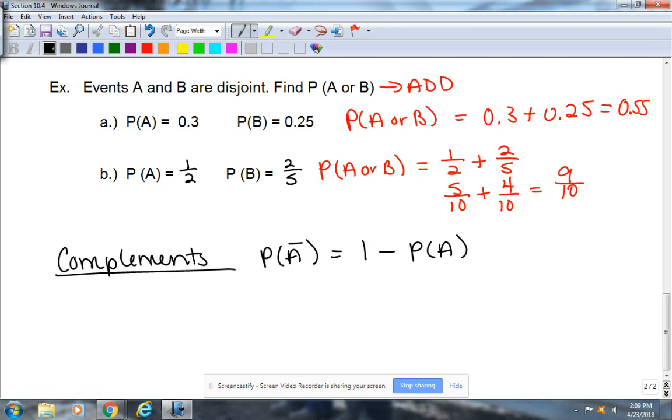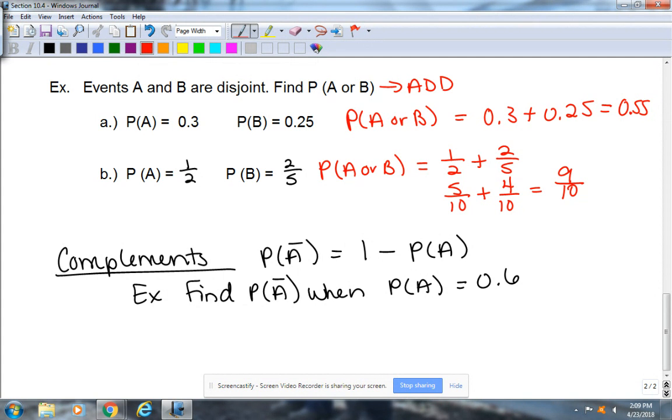So, for example, find the complement of A, the little bar means complement, when the probability of A is 0.6. Well, to find the complement, which is P of A bar, you're going to say 1 minus 0.6.